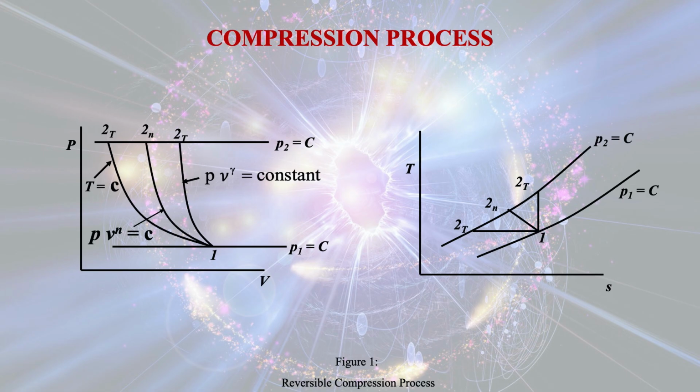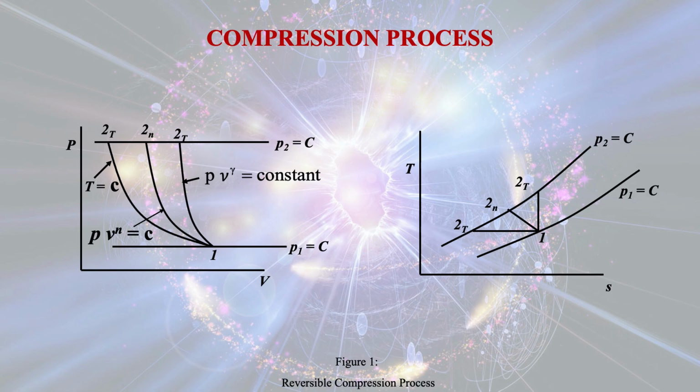Now all these three we have discussed so far are for the PV diagram. If you look at the temperature entropy diagram, you see that for the isentropic process, that is the reversible adiabatic process, the line is vertical, and for the isothermal process the line is horizontal.